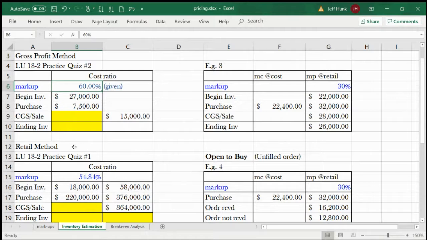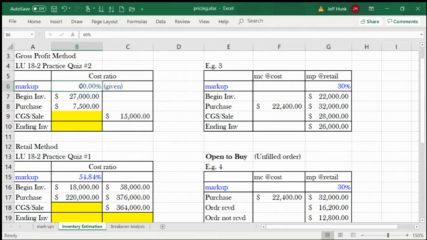In the gross profit method, all the inventory is expressed in cost, right? And in the retail method, the inventory can be expressed in price.